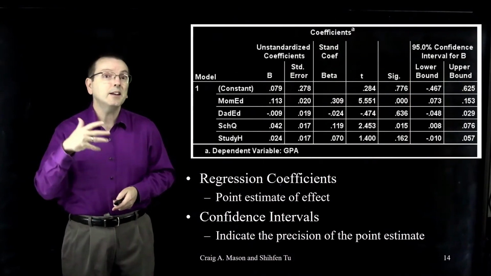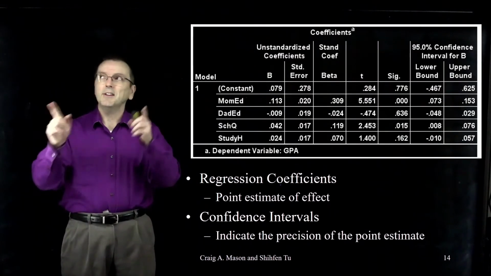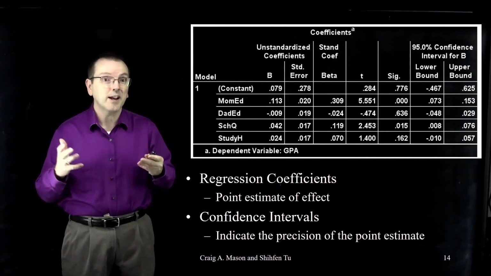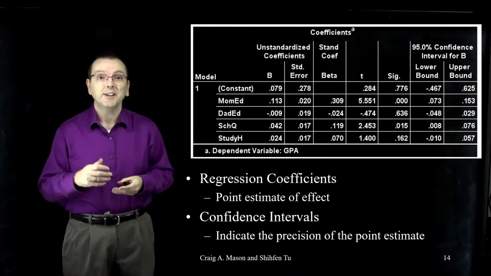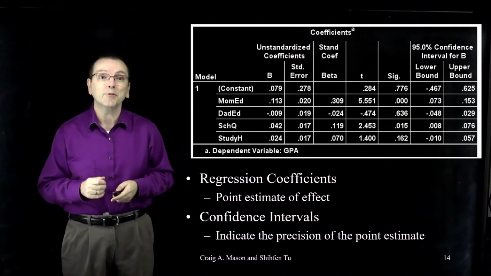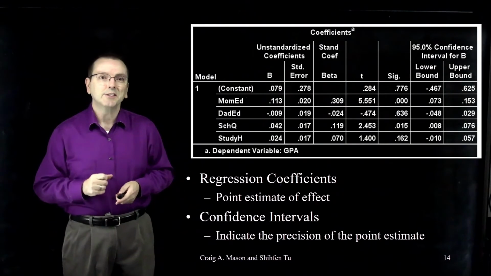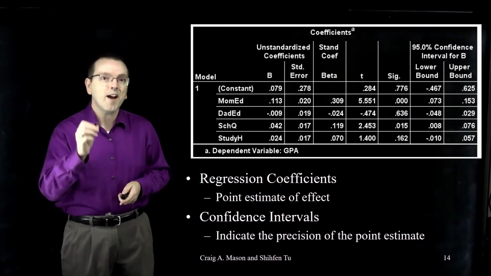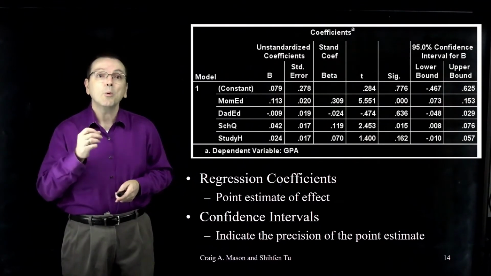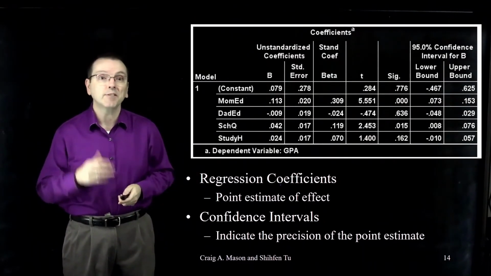Now, technically, the 95% confidence interval indicates that if an infinite number of people all did the same study with different samples, and they all calculated their own 95% confidence interval for mother's education, 95% of these confidence intervals would in fact overlap the true population value.